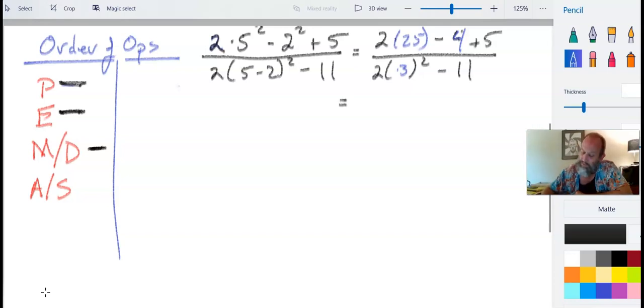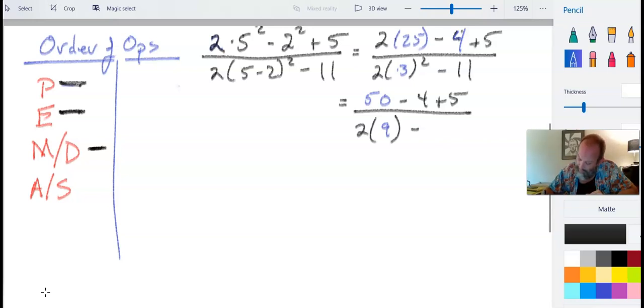In the numerator, I have parentheses, but there are no operations inside them, so this just means multiplication. So 2 times 25 is 50, and that's minus 4 plus 5. And over here, I have 2 times 3 squared, which is 9, and that's minus 11.